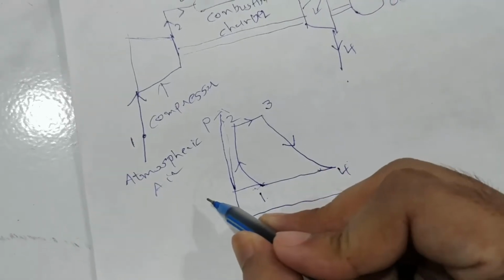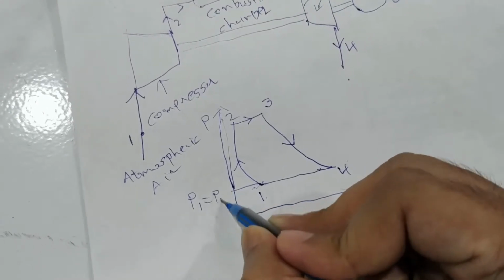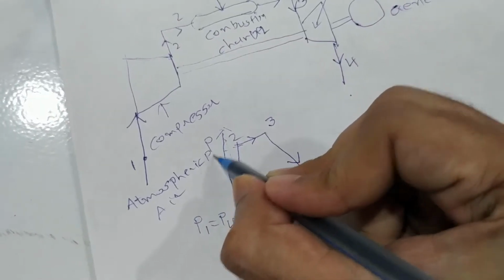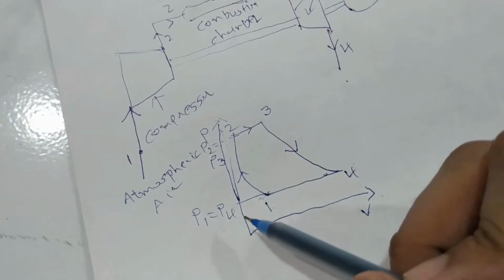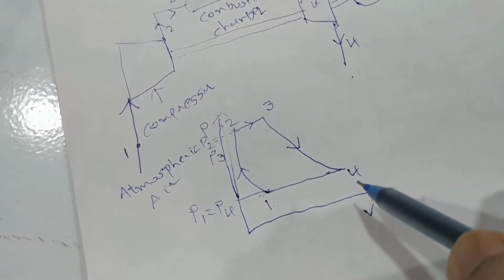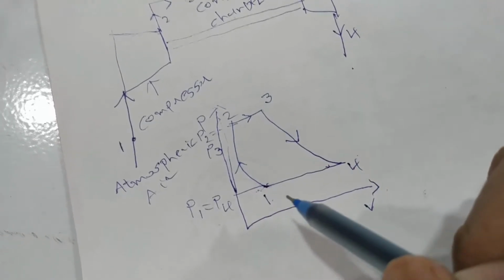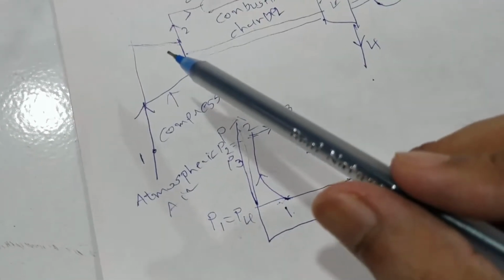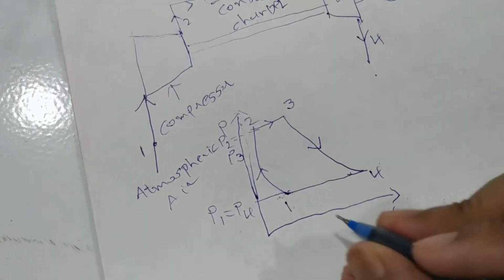This is P1, pressure at 1, and P1 is equal to P4, and P2 is equal to P3. I have to remember this. So the pressure at the compressor inlet and turbine outlet is the same because in both processes it is atmospheric air. So when it gets compressed, its volume decreases.